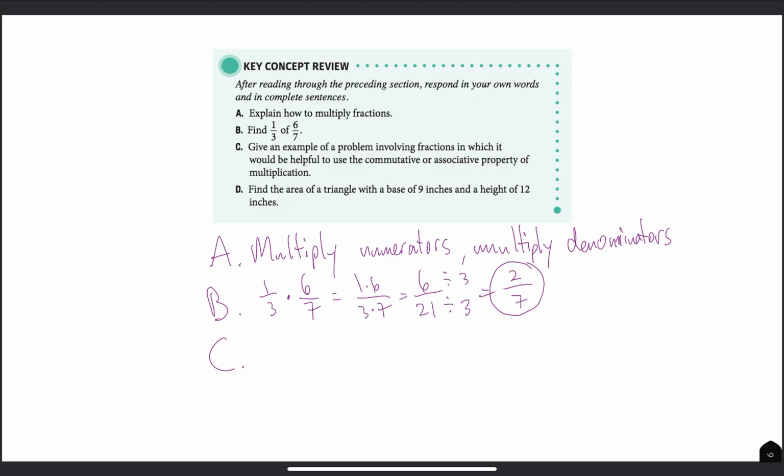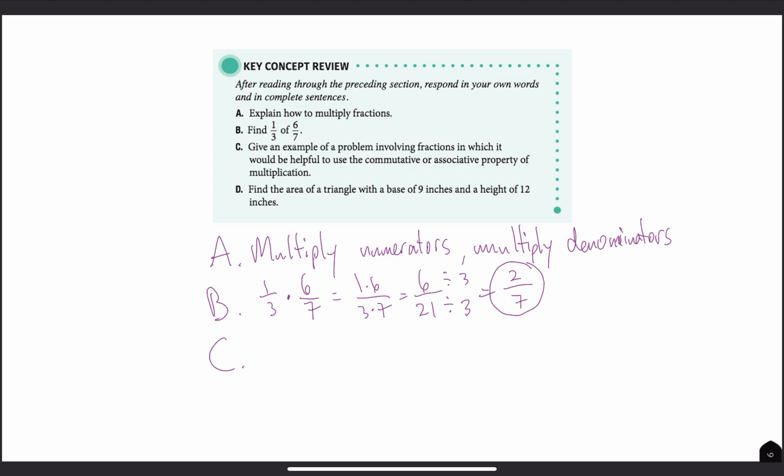The commutative property or associative property would be most helpful in an example like where you were multiplying and you wanted to reduce.